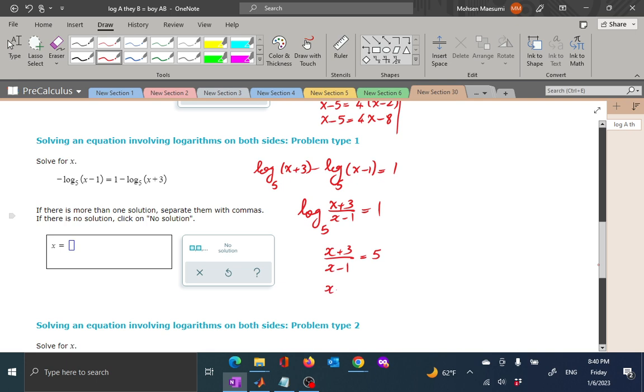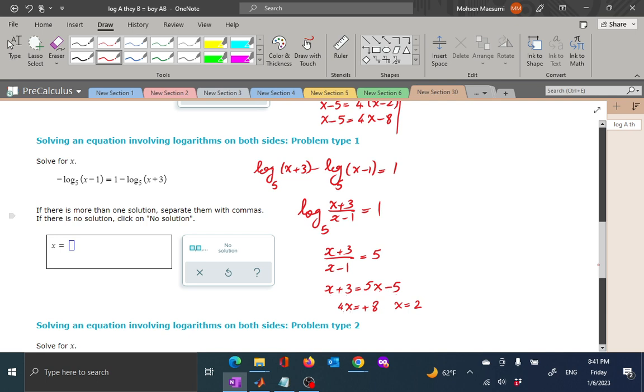Cross multiply, so x plus 3 is 5x minus 5, which tells us 4x is equal to minus 8, excuse me, plus 8. 4x is equal to plus 8, so x from 5x becomes 4x. Add 5 to both sides, you get an 8, so x is equal to 2.